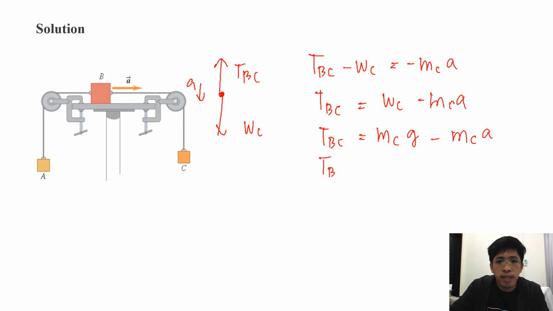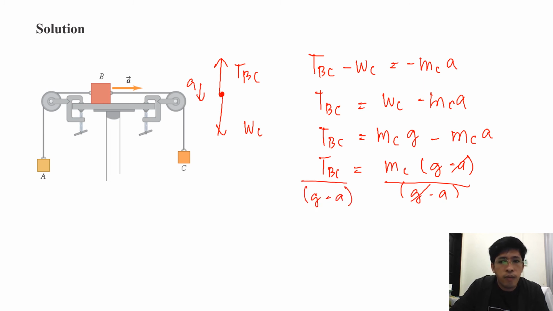So we have TBC, and then this is MC, G minus A, dividing both sides by G minus A. We have your mass C is equal to TBC over G minus A.